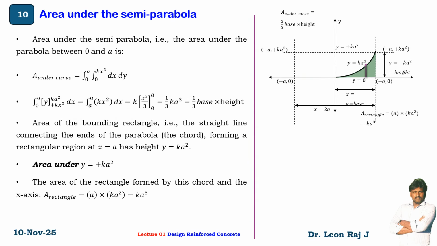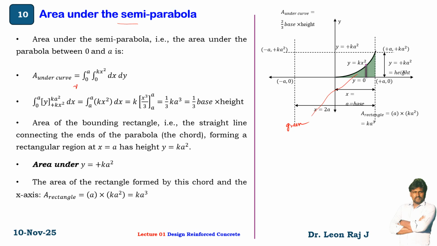Then the area under the semi-parabola, the green shaded area, is called the semi-parabola, only a half portion. Very simple: the area under the previous curve is 2 by 3 base into height, so just divided by 2, we get the area of this curve.